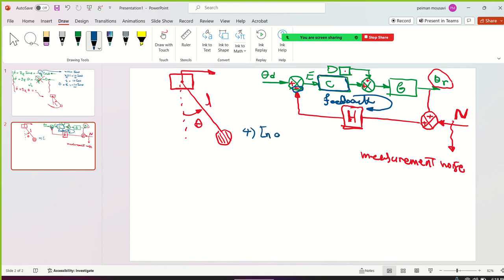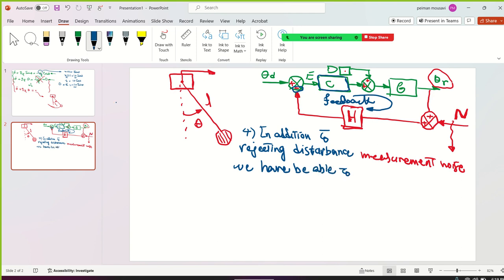In addition to rejecting disturbance, we have to be able to remove noise from the system.